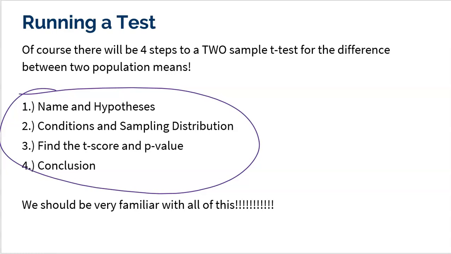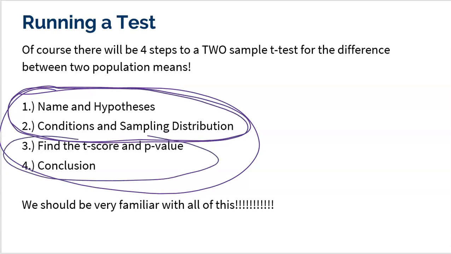We should be very familiar with these steps. So technically 7.8 is steps 1 and 2, and 7.9 is steps 3 and 4. But like I said, I think we've learned all this enough that we can put it all together in one video here and save you some time.